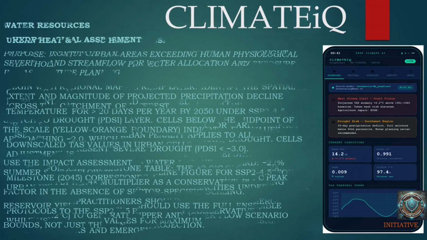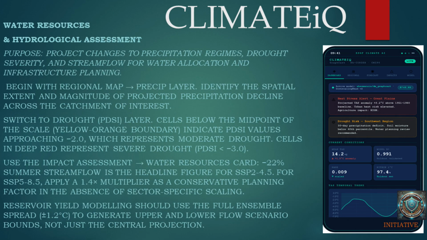So in the next aspect of this app, we have the water resources and hydrological assessment. The purpose is to project changes in precipitation regimes, drought severity, and streamflow for water allocation and infrastructure planning. You can begin with the regional map, precipitation layer, to identify the spatial extent and magnitude of projected precipitation decline across the catchment of interest.